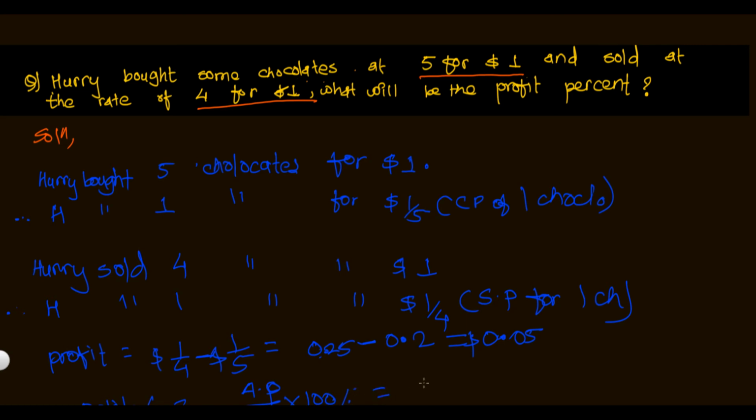Our actual profit is 0.05 over our CP, 0.2, because 1 over 5 is 0.2, times 100%. On calculating it, we'll get 25%. So if we bought 5 for $1 and sold 4 for $1, he will get 25% profit. This is how we solve this problem.